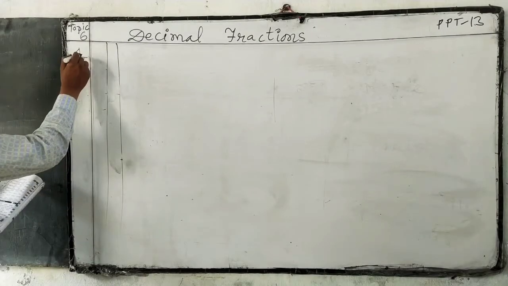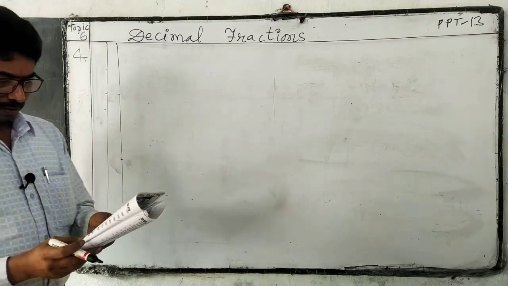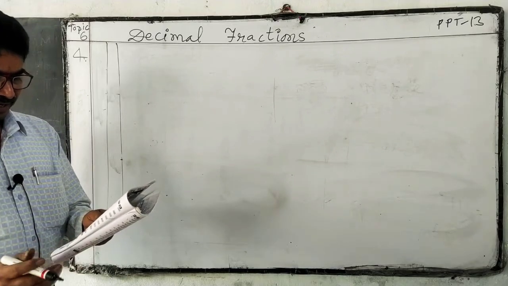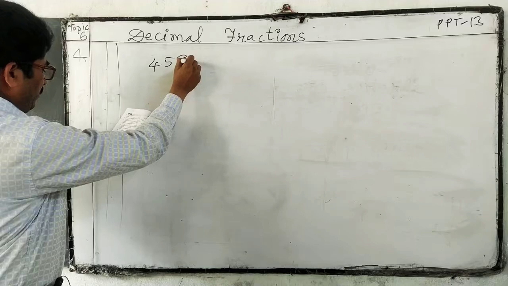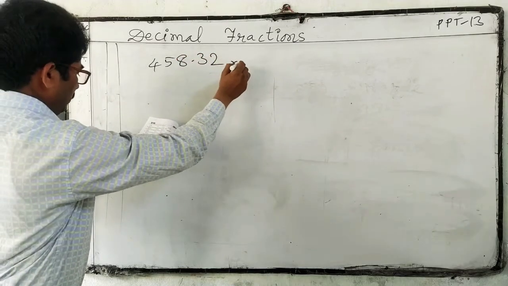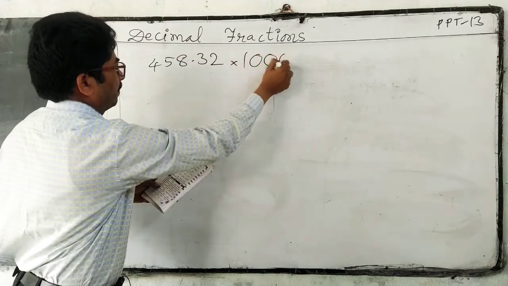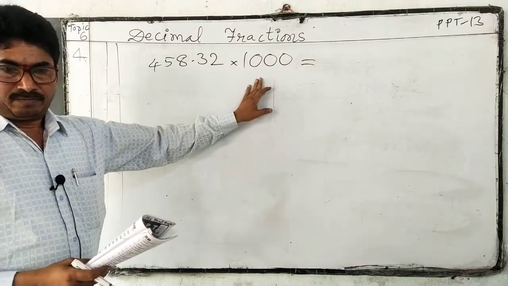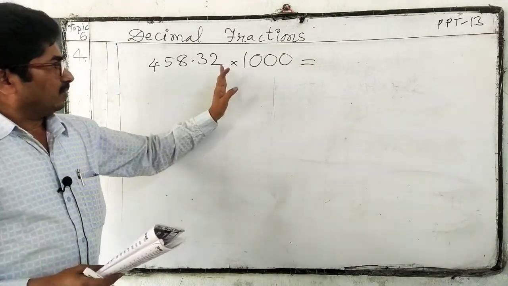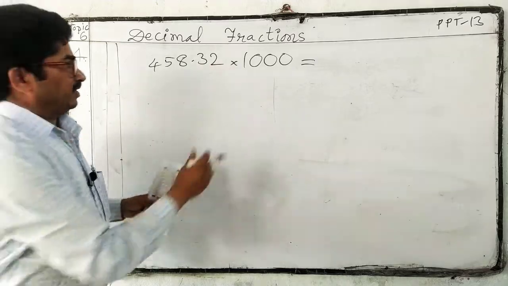Fourth problem, 458.32 into 1000. To multiply by 1000, we shift the decimal to the right by 3 places.